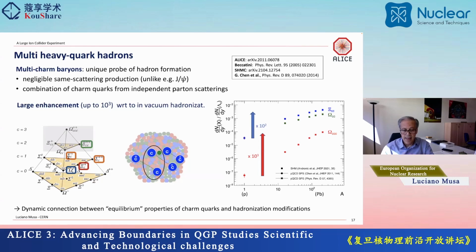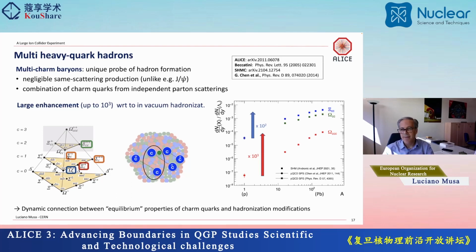And indeed, enhancements are expected, and here I'm listing some of the studies to which we have made reference, so mostly thermal models. Enhancements are expected by as much as a factor of 100 for the recently observed XICC, when we go from proton collisions to heavy ion collisions, even as much as a factor of 1,000 for the yet undiscovered omega CCC baryons.